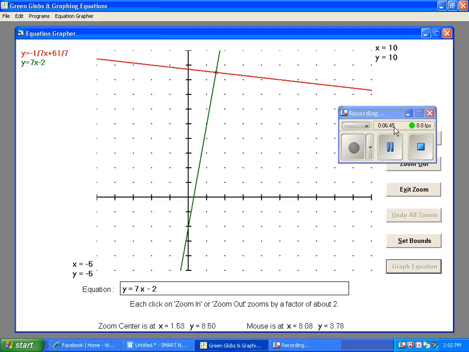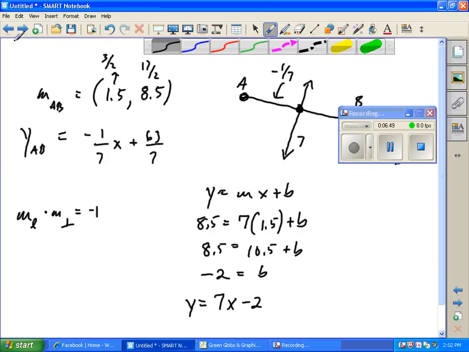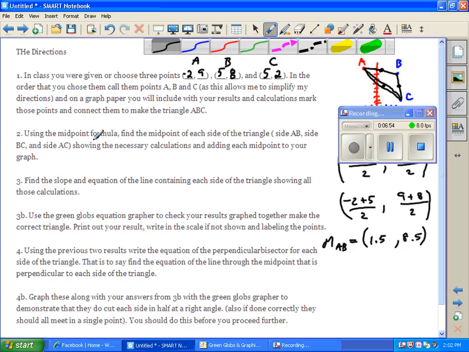So let's see what the next piece of the instructions are. So I got my line. Using the previous two results, write the equation of the perpendicular bisector. We did that on the next page. Graph these along with your answers from 3b with the Green Globs grapher to demonstrate that they do cut each side in half at a right angle.